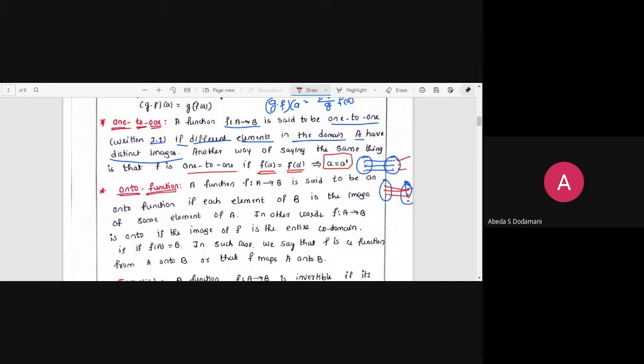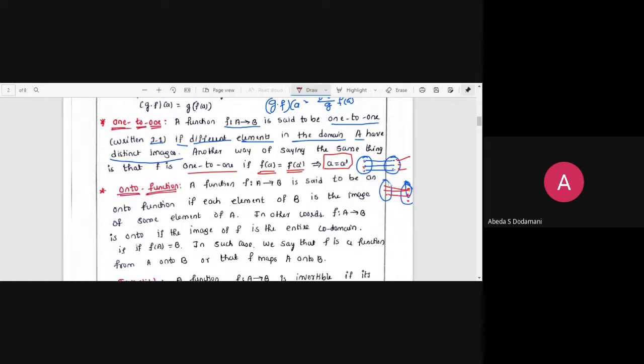Here this is f of a I'm talking about, and this element is going to this image and this element is going to this image, meaning different elements have different images. That means a unique element has a unique, different image. It is not like this: if this is going to here and this is also going to here, it may be a function, but it is not a 1-1 function.